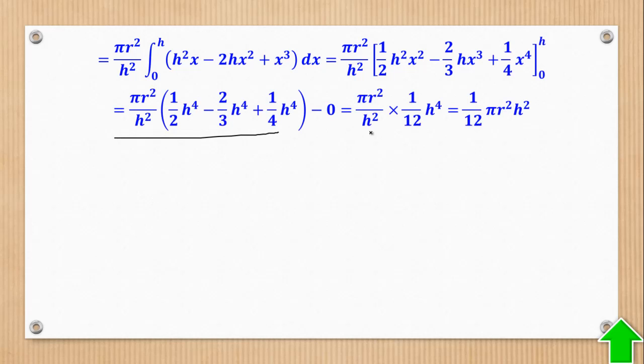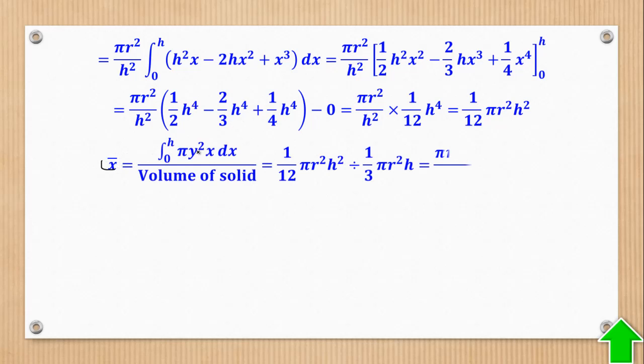Here substitute limits and open brackets and simplify. Then you remember that x bar is equal to this numerator which you've got, divided by the volume of a cone, which is a third pi r squared h. It gives you that, and in the end you come up with a quarter h, because the whole of this will go and remain with one h, then here and this will remain with a quarter, and that's what they wanted.